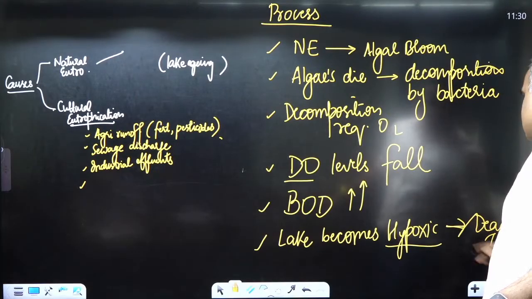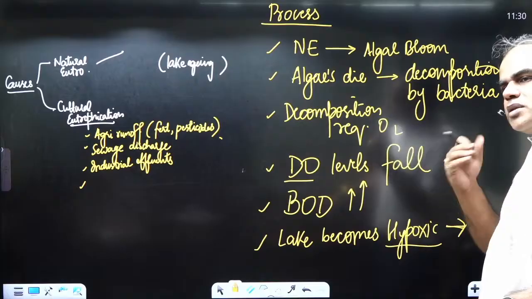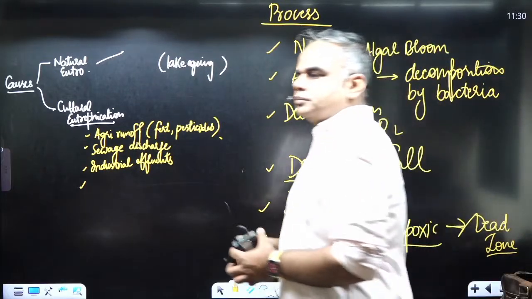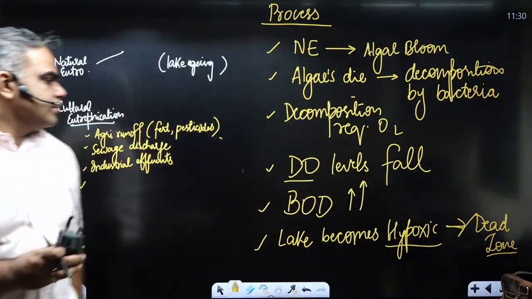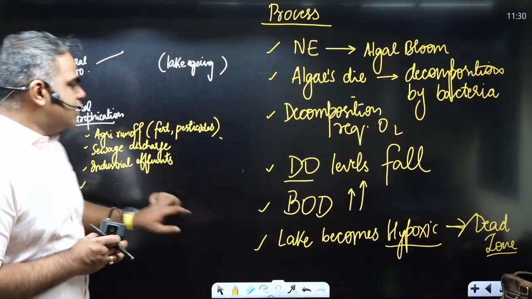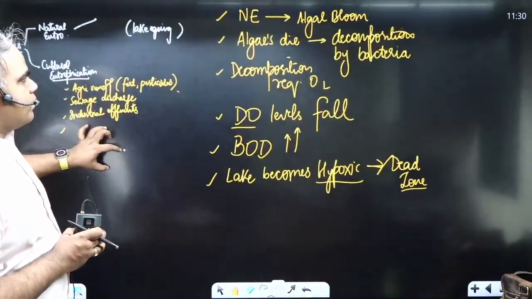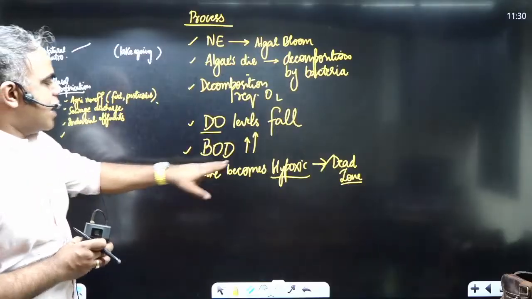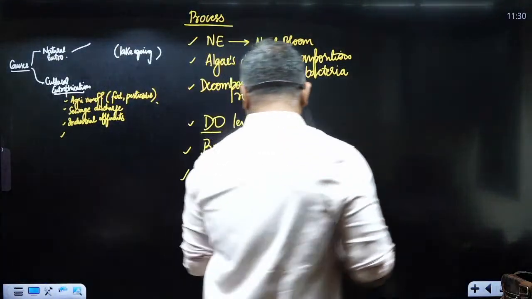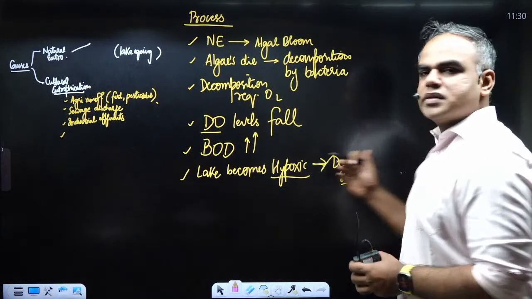Hypoxic means oxygen is less. Dead zone means oxygen khatam. So hypoxic is also one keyword and dead zone is also one. Lake becomes hypoxic and ultimately it becomes a dead zone. This is the main challenge.